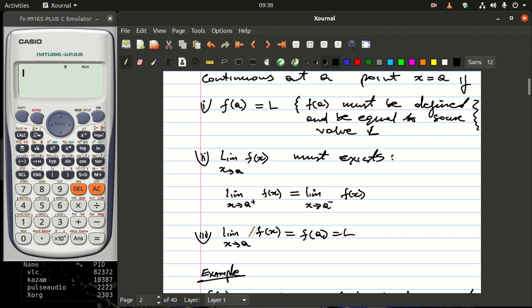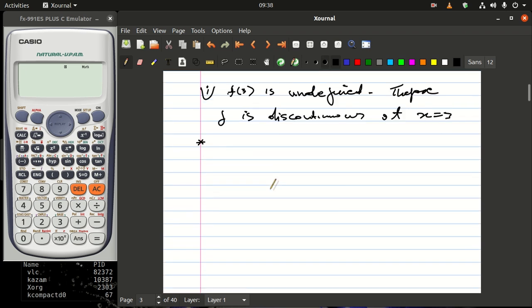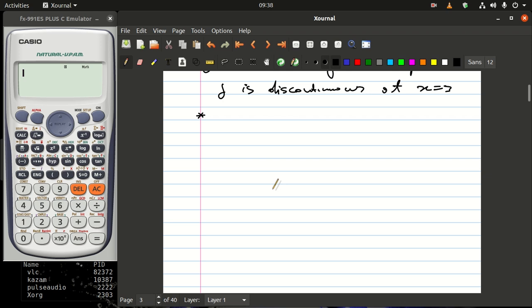If one of these conditions is not satisfied, then the function is discontinuous, and there's a point of discontinuity at that point.